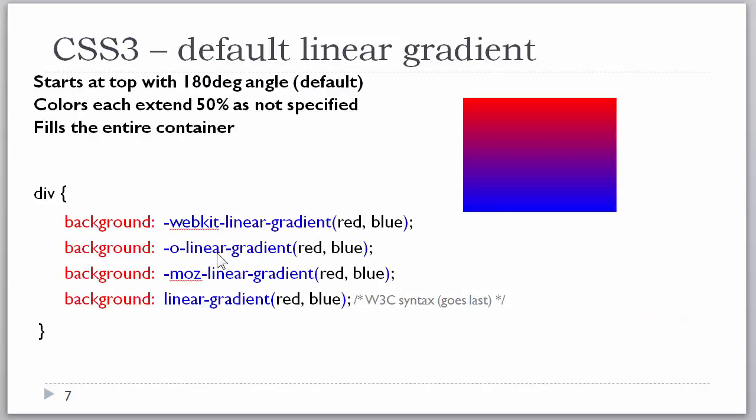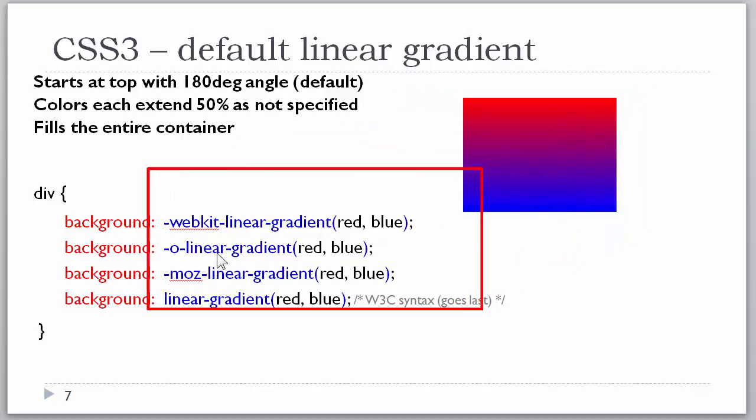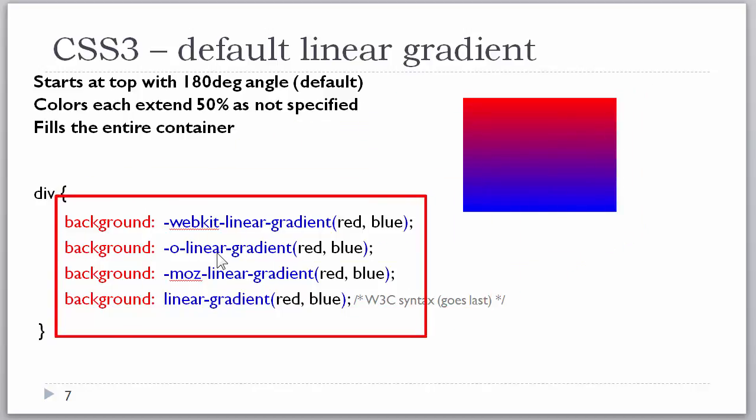So let's take a look at a default gradient. If you look at the diagram, you see our color red fading into blue. If you take a look at our CSS code, you will notice that we are writing it with the browser prefixes. It is probably still a good idea to use vendor prefixes for linear gradient, although I tend to think that the current browsers recognize the W3C syntax.